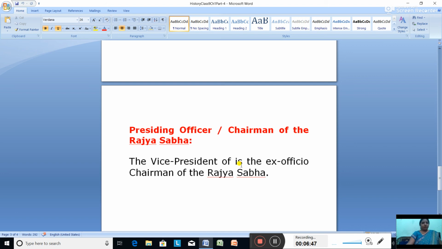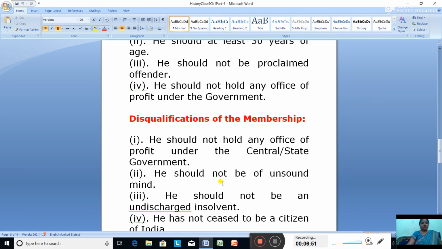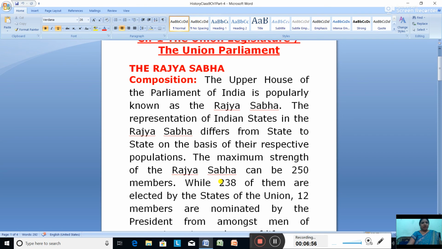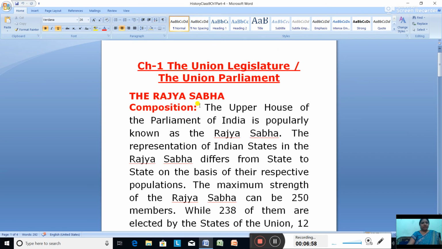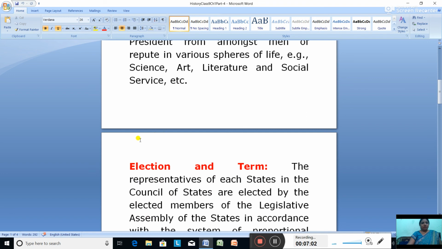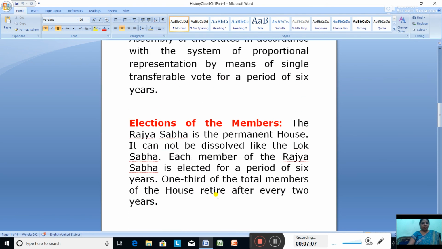So, in today's class, you studied about the Rajya Sabha, where you studied how the Rajya Sabha is composed. Then you studied how the members of the Rajya Sabha are elected and what is the term of the members.